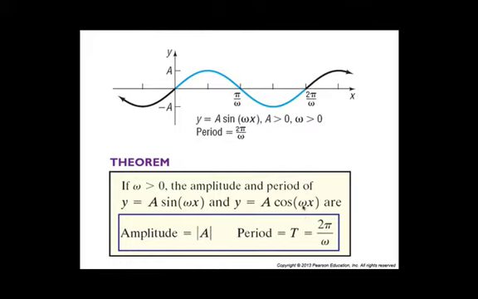It either is going to increase, meaning stretch it across the x-axis, or it's going to push the points closer together along the x-axis. So your amplitude directly affects the y-axis, and the stuff in between here directly impacts the x-axis.